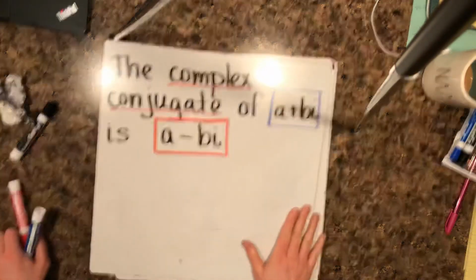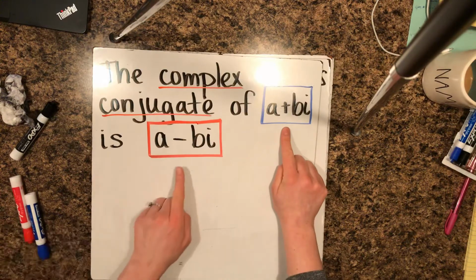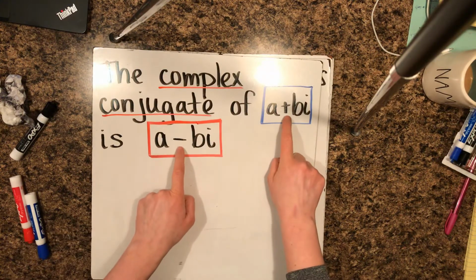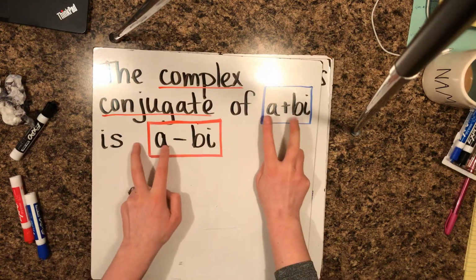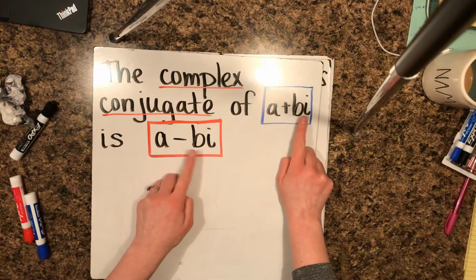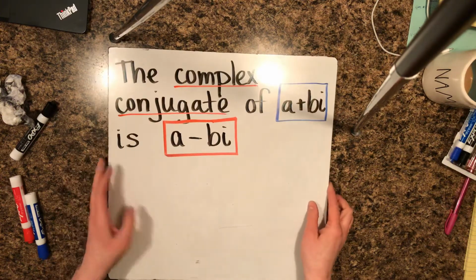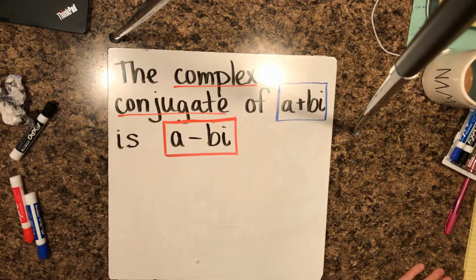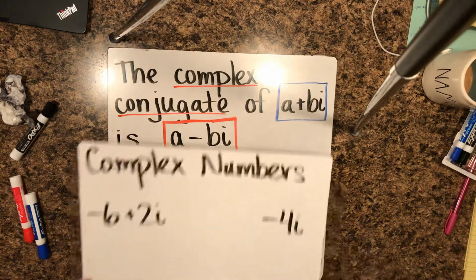If you notice, the only difference between the complex number and its conjugate is this middle sign. It's not both signs. The a value or the real portion remains the same sign, and the imaginary portion is the only part that switches signs.